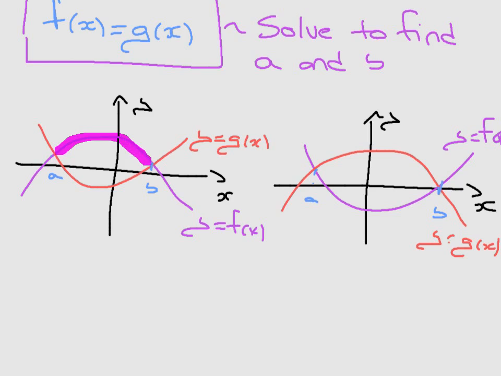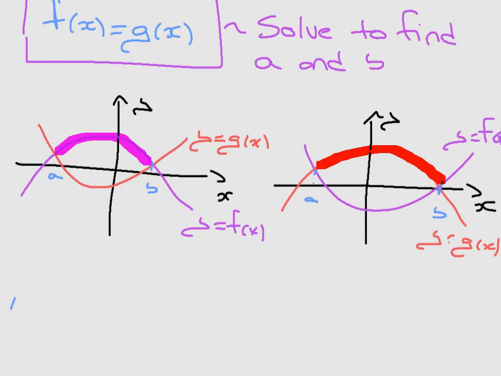Whereas if I look at the second diagram, between the two values a and b, it's the curve of g of x which is above the curve of f of x. Now because of this, to find the surface area between the two curves, the formula will be slightly different.